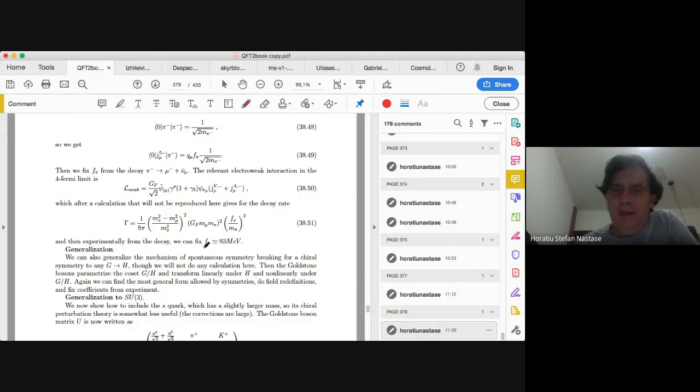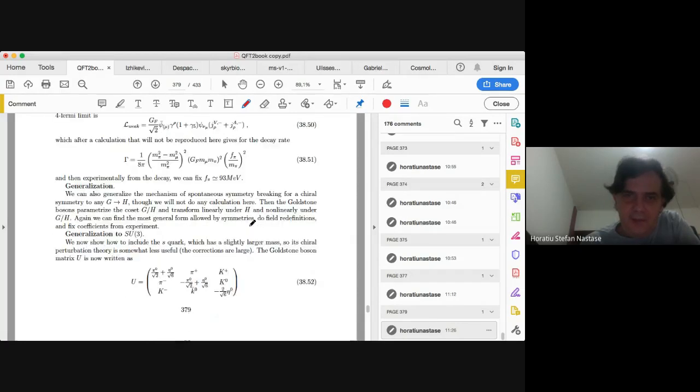So you will see other values of f pi in various places. If you compare, let's say, Peskin-Schroeder with Weinberg and with somebody else, you'll find different conventions of what f pi is. But that just rescales f pi by factors of square root 2.